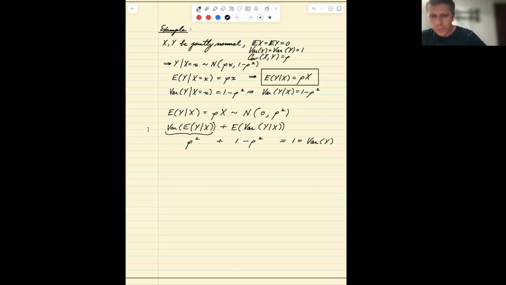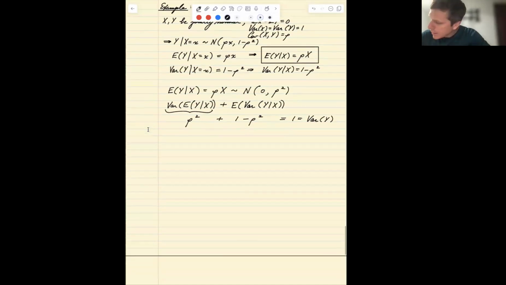So that's actually a formula that we can also use to calculate the variance of y. It's decomposed as the variance of the conditional expectation plus the expectation of the conditional variance.